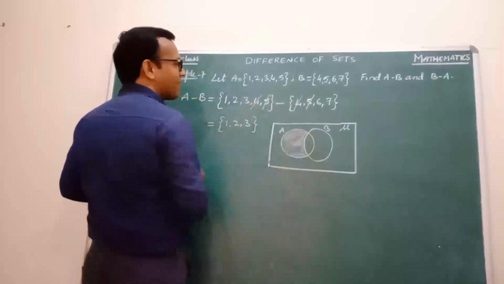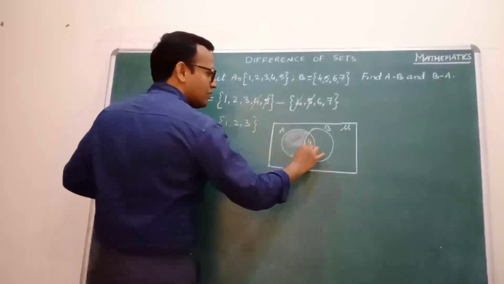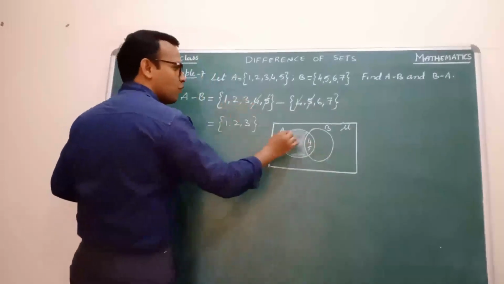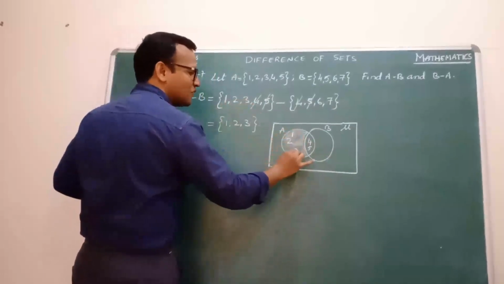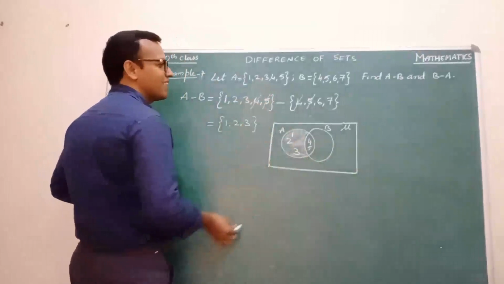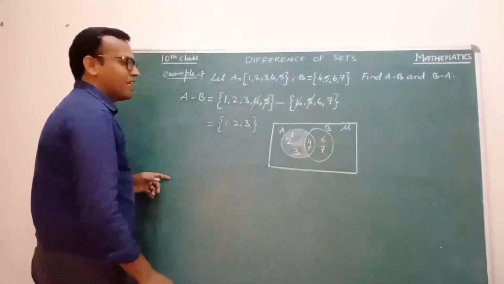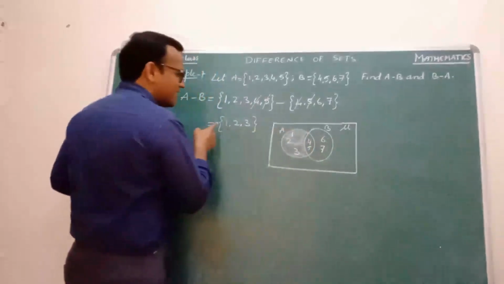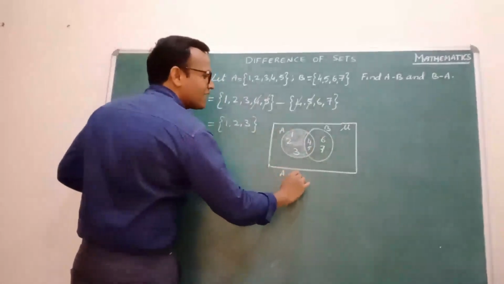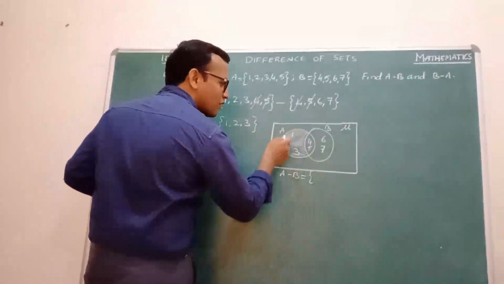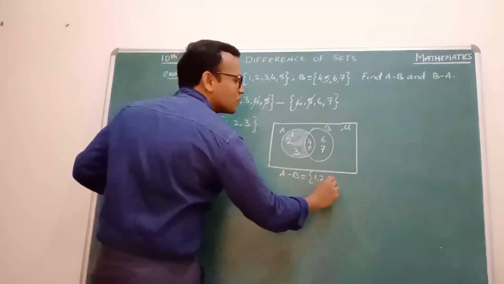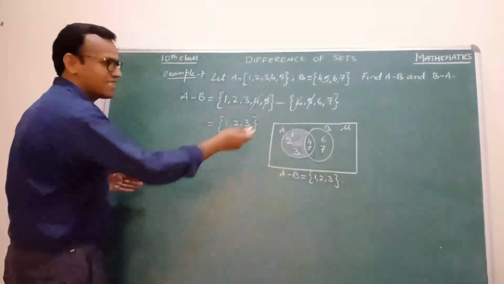Now what is there? 4 and 5 are common, and 1, 2, 3 are in this area, and other than 4, 5, 6, 7 are there in B. Now A minus B is nothing but the set of 1, 2 and 3. Now this is the Venn diagram.